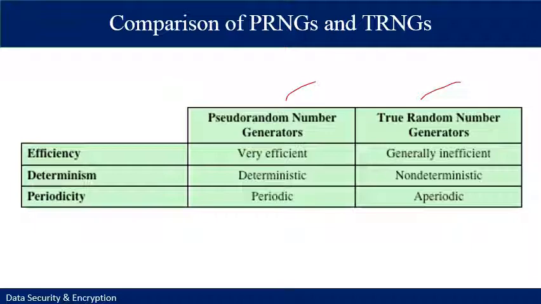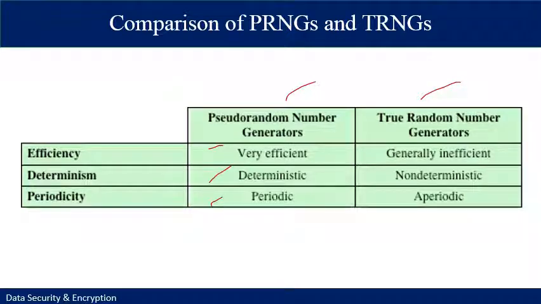And these are deterministic, meaning that a given sequence of numbers can be reproduced at a later date if the starting point of the sequence is known. Similarly, efficiency is a nice characteristic if your application needs many numbers, and determinism is handy if you need to replay the same sequence of numbers at a later stage.